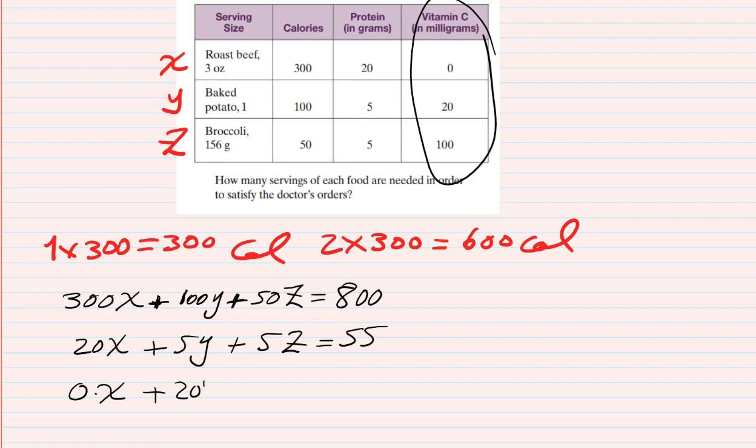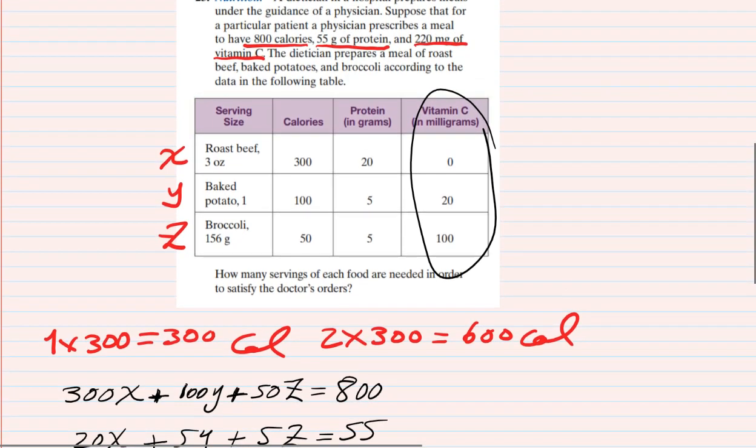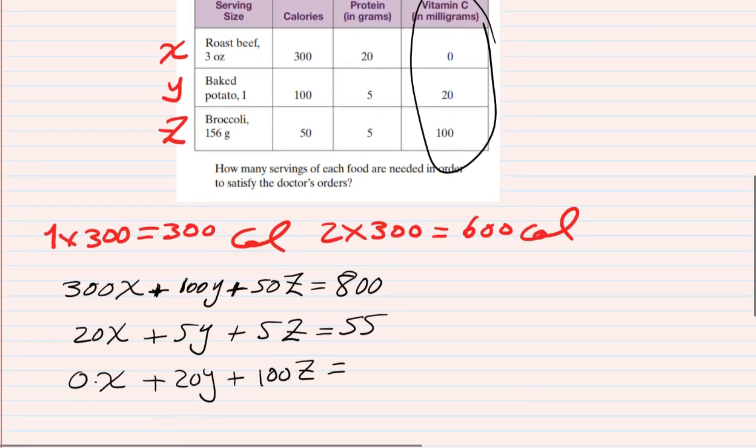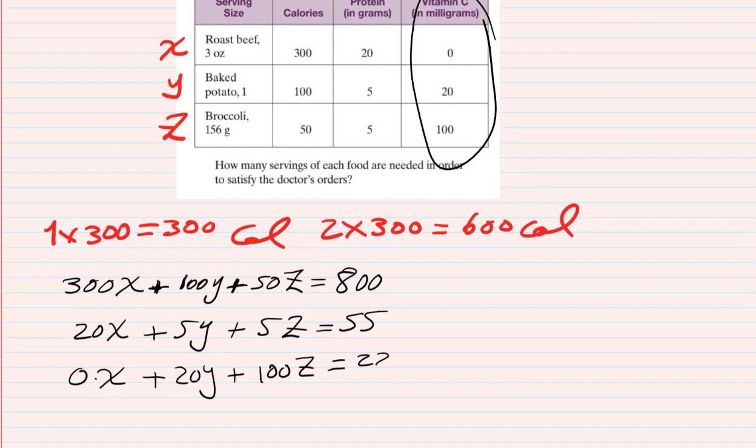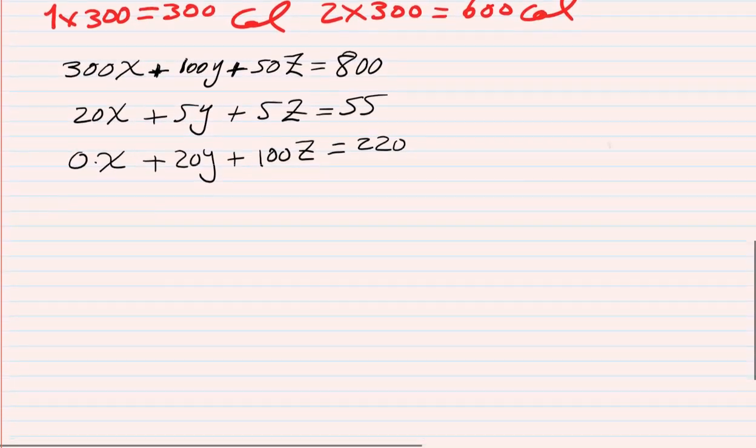And then 20y, the amount of vitamin C due to baked potatoes. And 100z is the amount of vitamin C for so many servings of broccoli. These totals, we're told, should add up to 220, so I'm going to set that equal to 220. And there you go. Again, we set up our system.